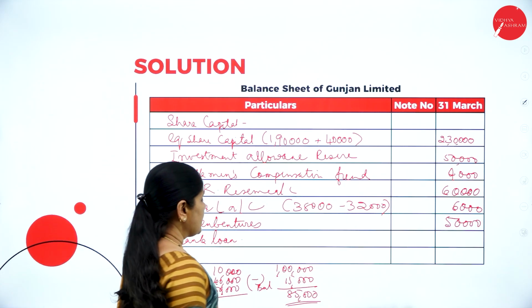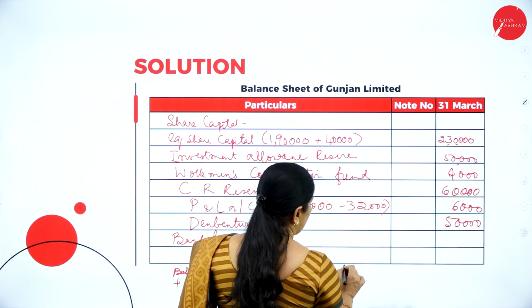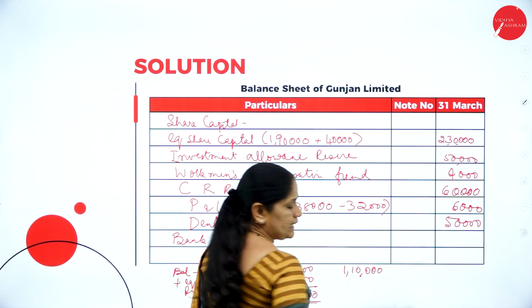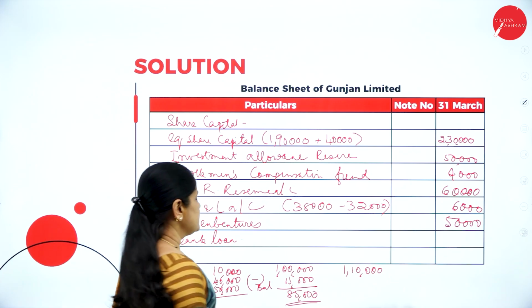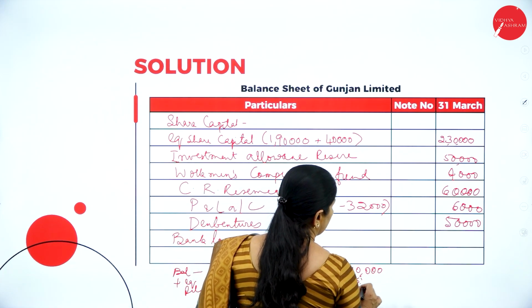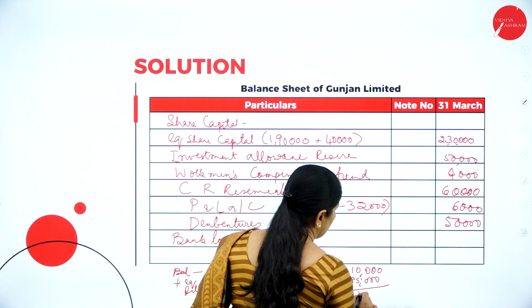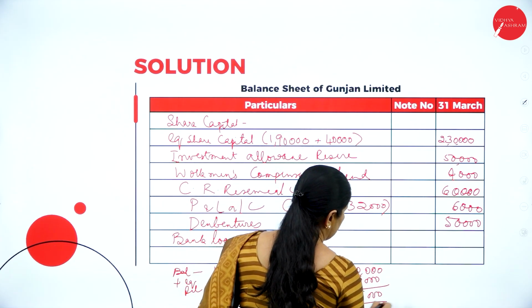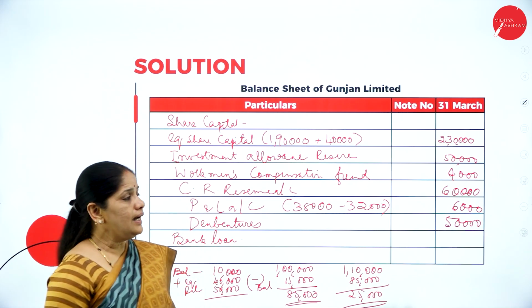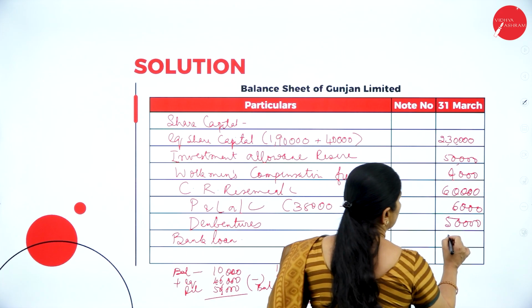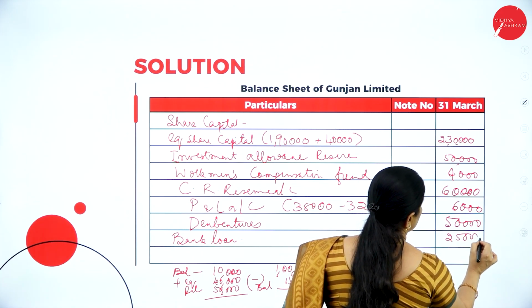Now what is the amount needed for redemption? Amount needed for redemption is 1,10,000. Out of this we have 85,000. So the rest of the 25,000 I have to make a bank loan. So I write bank loan 25,000.